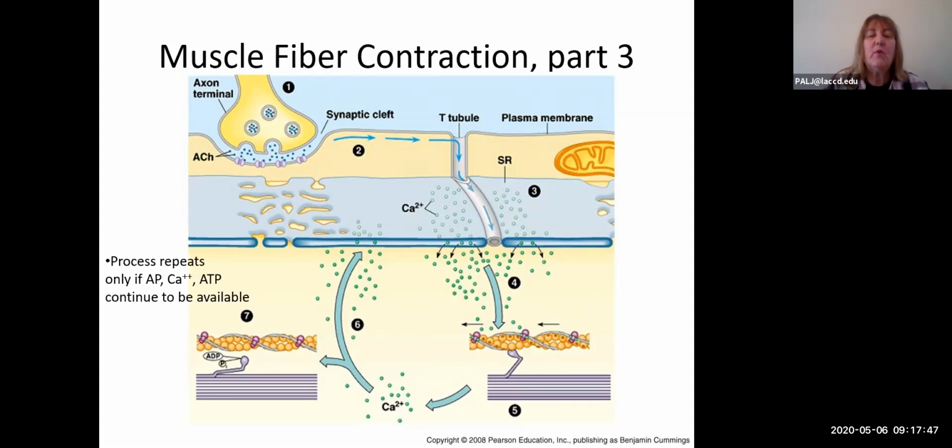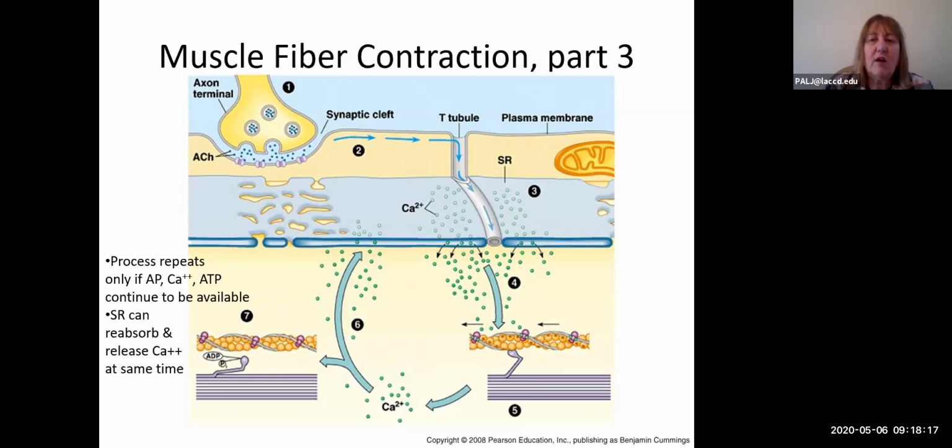So this process will continue over and over again as long as we continue to have an action potential in that muscle cell, and as long as we continue to have calcium being released to bind to the troponin, and third, as long as we keep on having ATP to rebind to myosin heads so it can be cocked and ready for its power stroke.